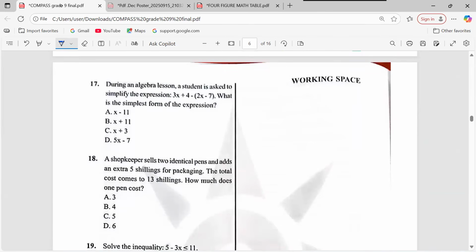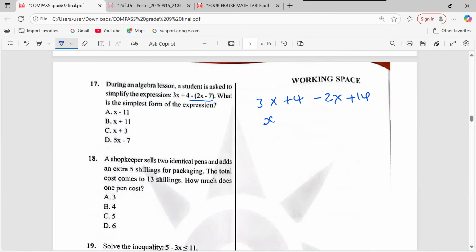During an algebra lesson, a student is asked to simplify the expression 3x plus 4 minus 2x minus 7. What is the simplest form of the expression? This particular expression now should be simplified: 3x plus 4 minus 2x plus 14, that we add when opening brackets.